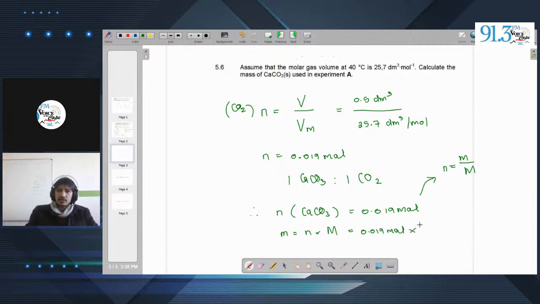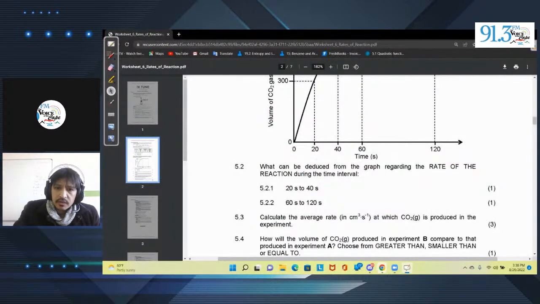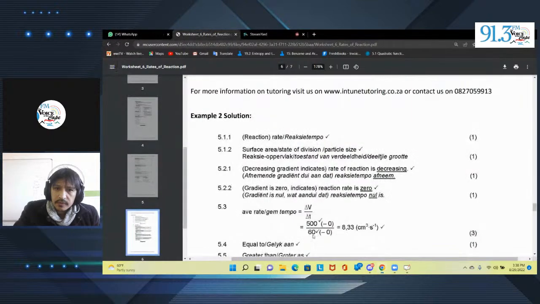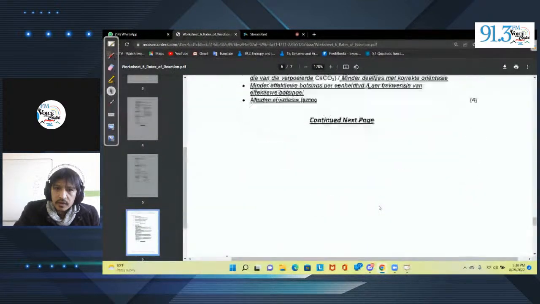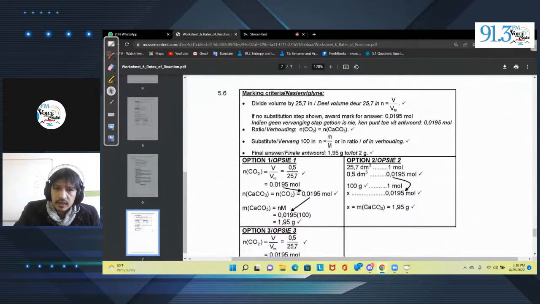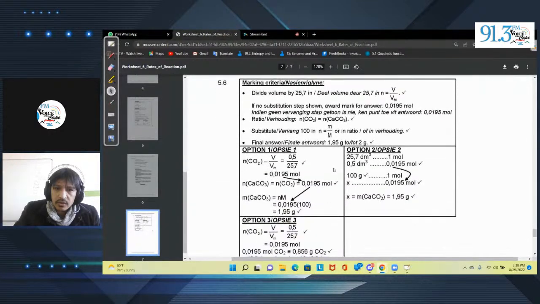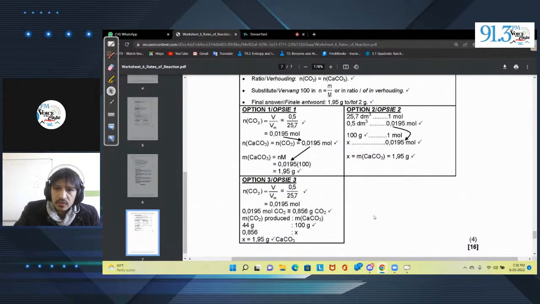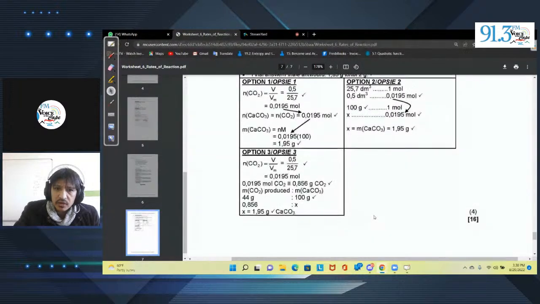I'm just going to look for the molar mass over here. Right, where's the memo? Open this up. There we go. And if I scroll down, here we go, 0.019, which is what I got.